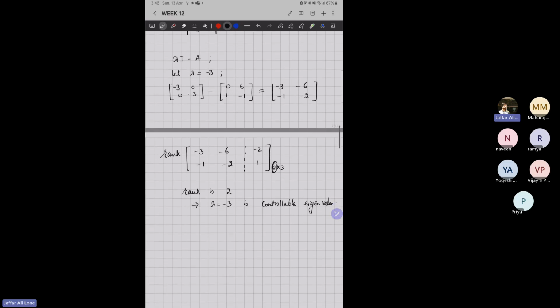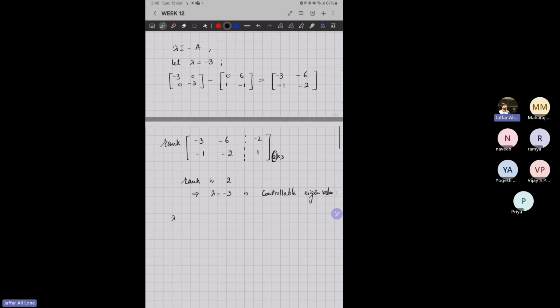You'll get things clear. We'll do the other part. Let's now take lambda equal to 2. Now see, [2 0, 0 2] minus [0 6, 1 minus 1]. Now see what we can get: 2, minus 6, minus 1, 3.